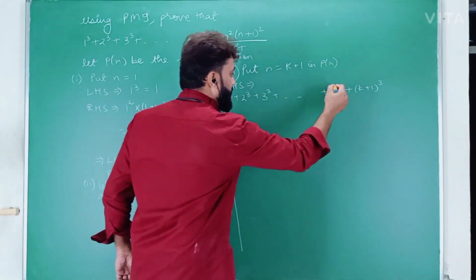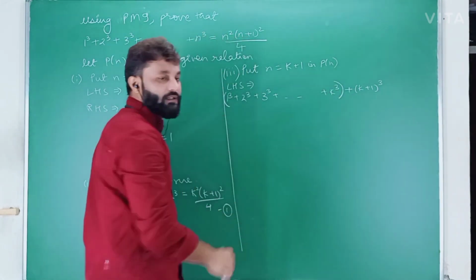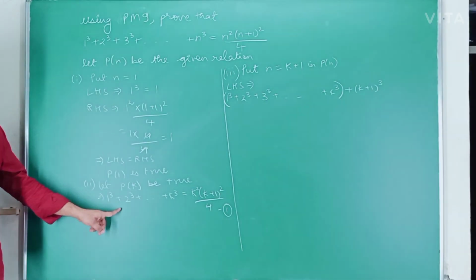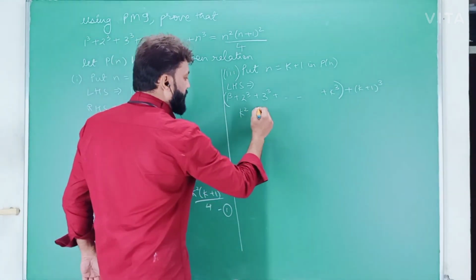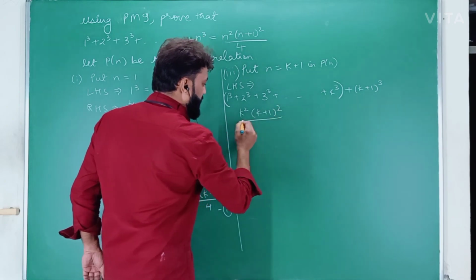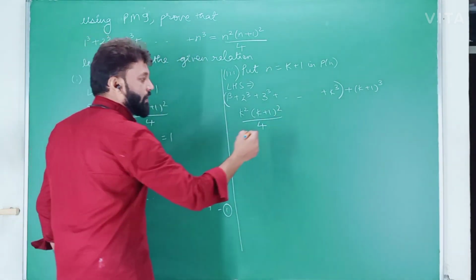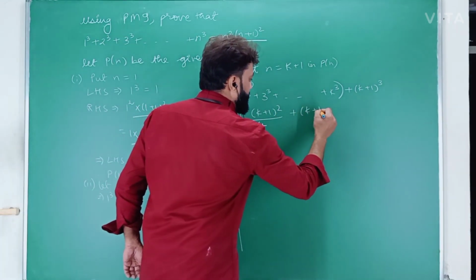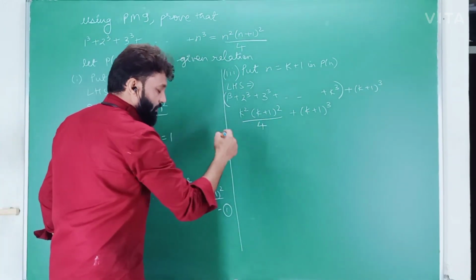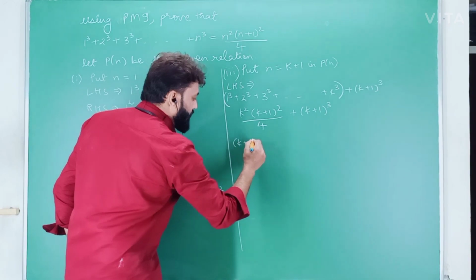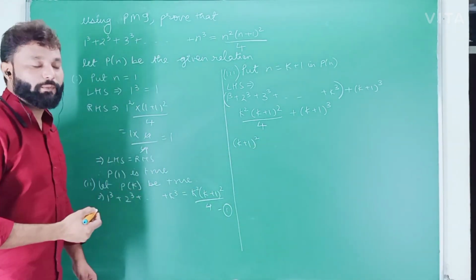Now as you can notice, in place of this complete expression, we can utilize equation 1. So this is k square (k + 1) whole square whole divided by 4 plus (k + 1) whole cube.